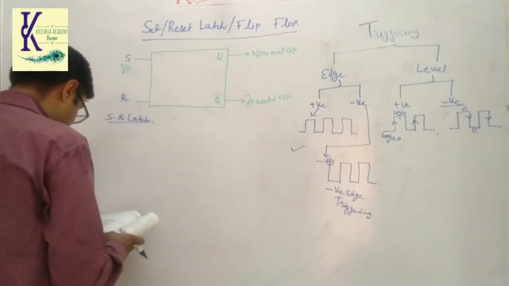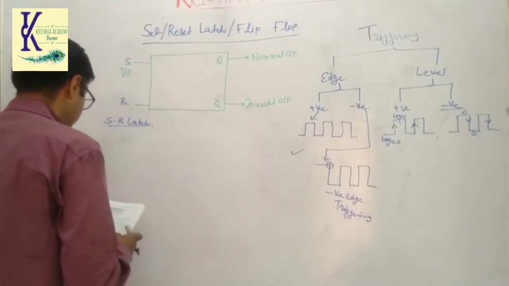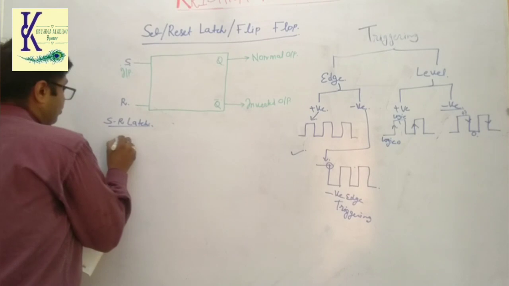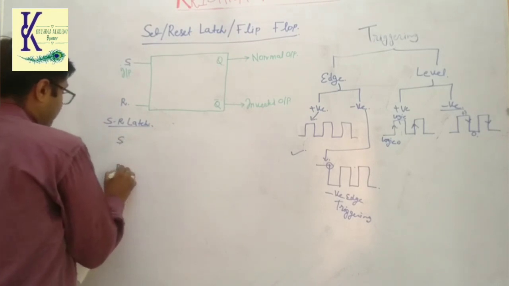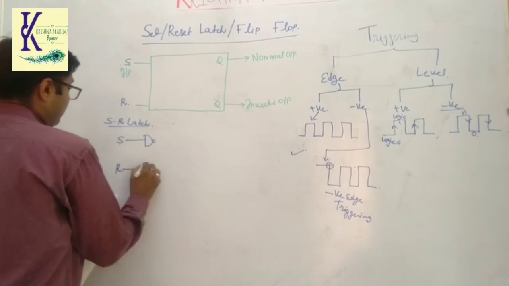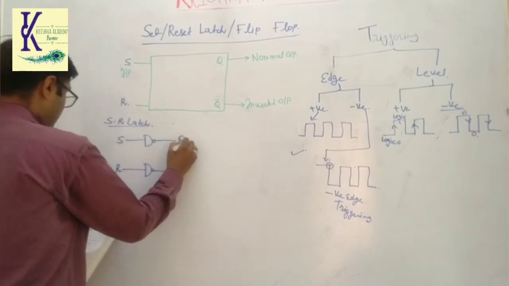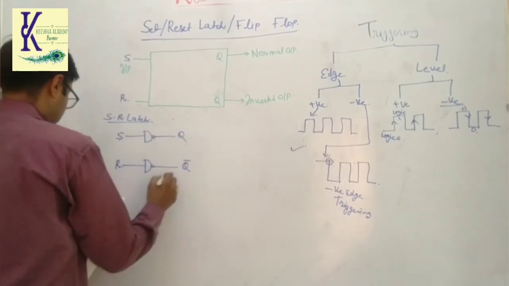Now it will be two cross coupled NAND gates. So this is set, this is reset. Here is a NAND gate, here is another NAND gate. This output is Q, this output is Q bar.